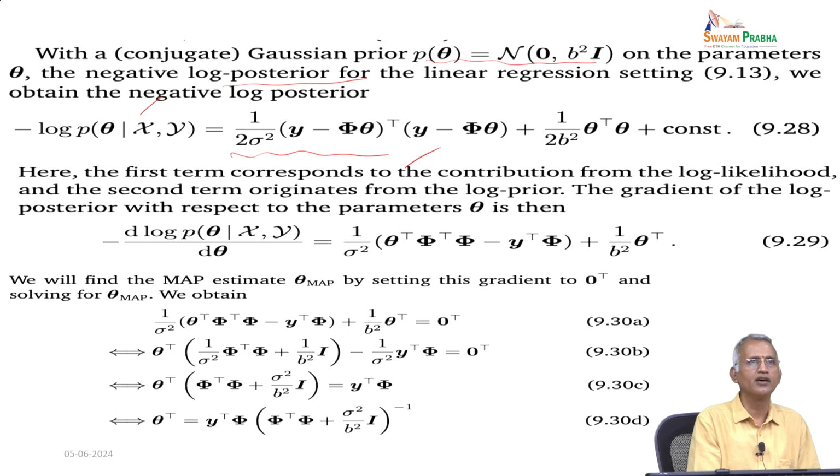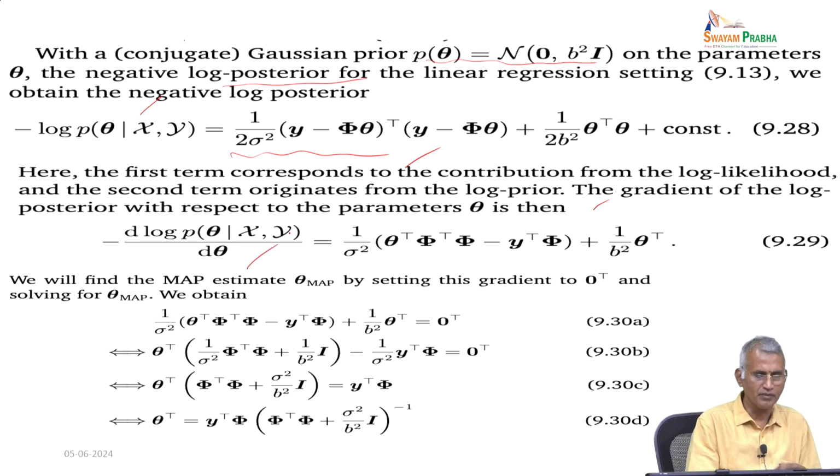So, the gradient of the negative log posterior with respect to the parameter theta is given by minus d by d theta of log of P of theta given x comma y equal to 1 by sigma square, because we differentiate with respect to theta, into (theta transpose into phi transpose phi minus y transpose phi) plus 1 by b square theta transpose.